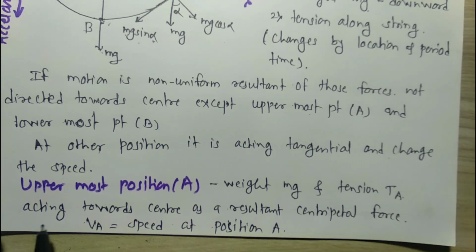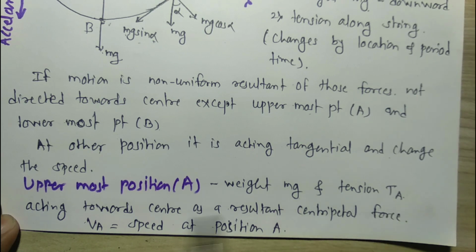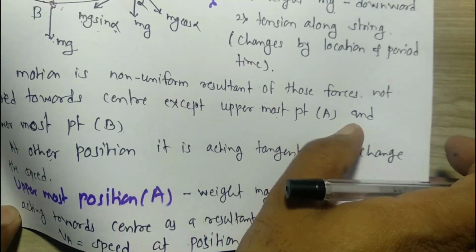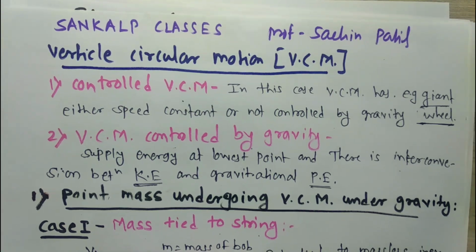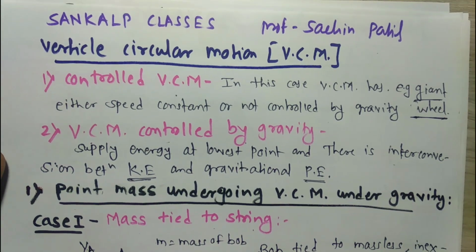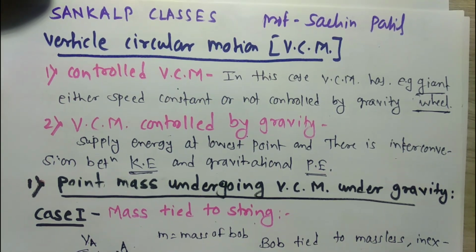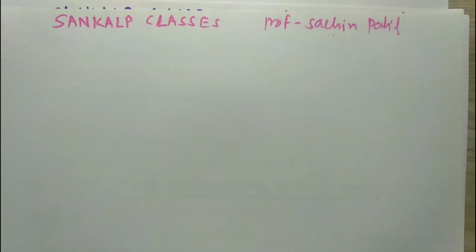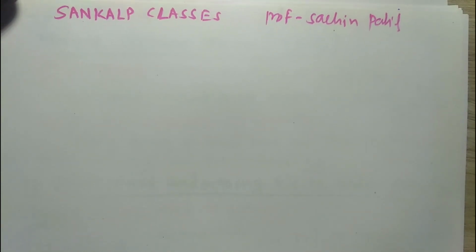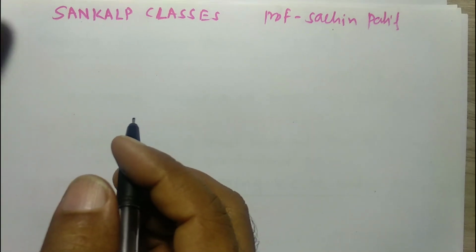We know that the weight mg and tension TA act toward the center as a resultant centripetal force, and therefore you will take these two, and this centripetal force at point A is balanced by the resultant of the two forces acting toward the center, that means TA and mg.